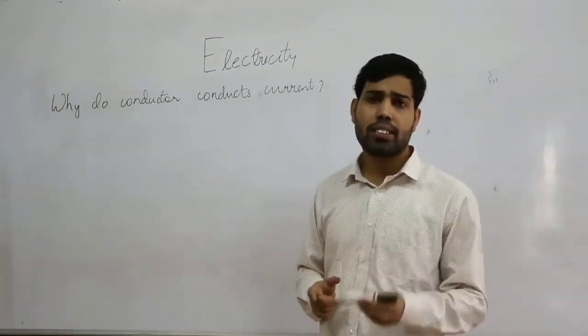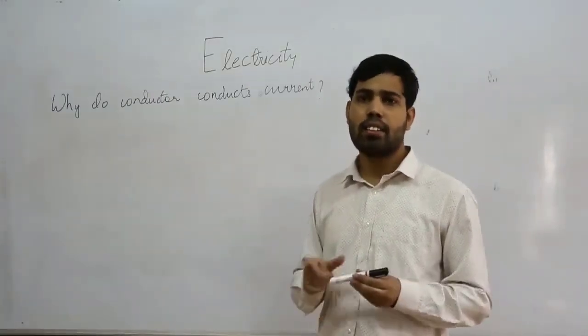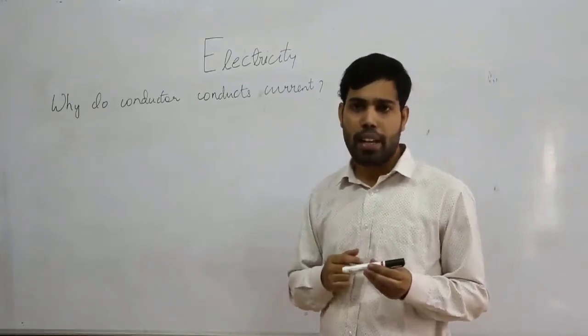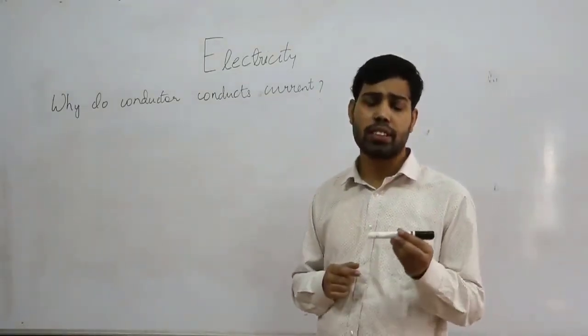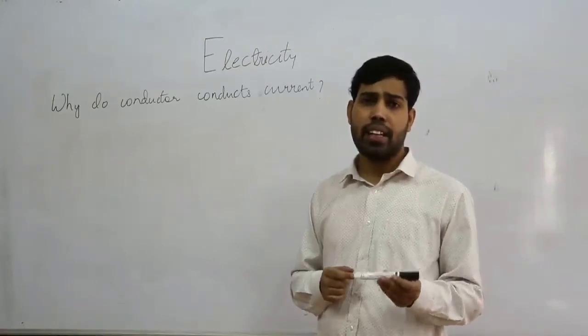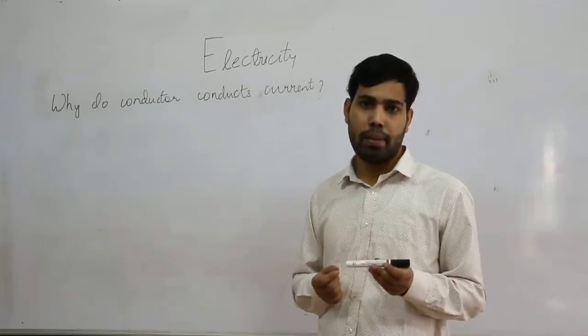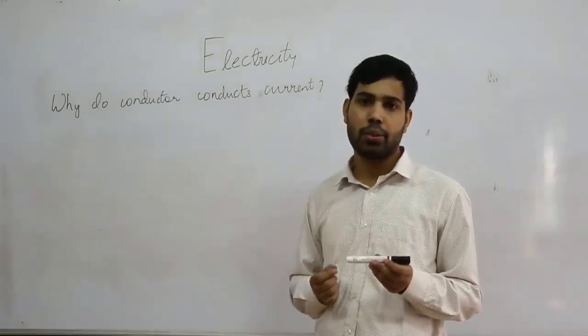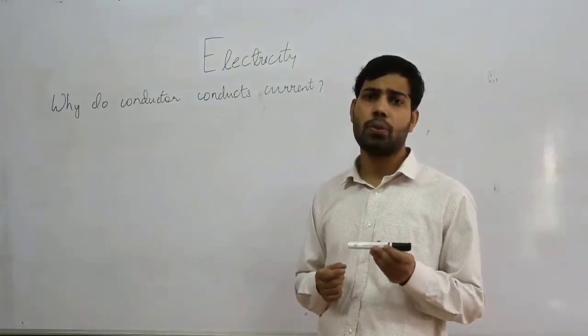Because of this strong force of attraction, the electrons in the valence shell are not free to move out from the atom. Because of this there are no free electrons in the insulator, and if there are no free electrons in the insulator, there are no electrons to be repelled by the electrons in the source. So your insulator does not allow electric current to flow through it.